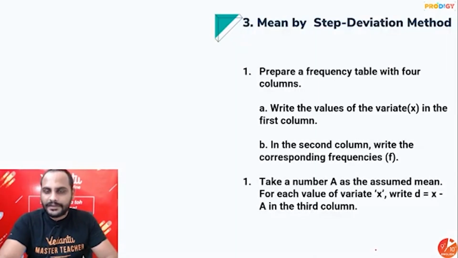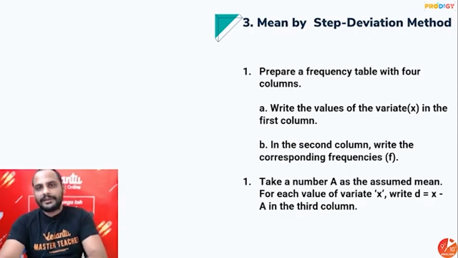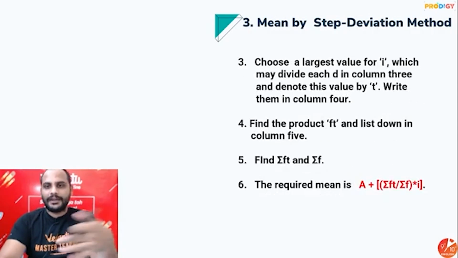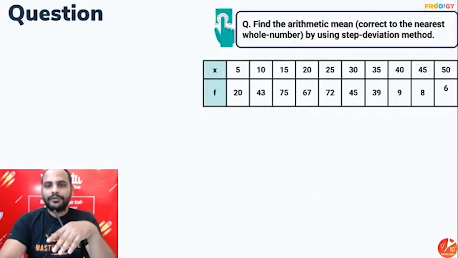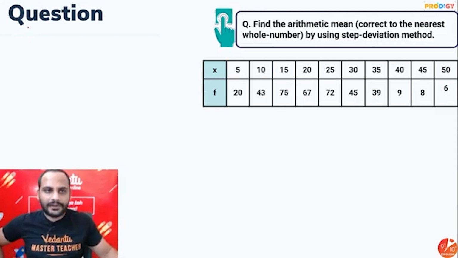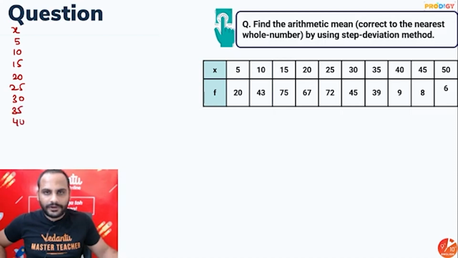Okay? Now the next method is the step deviation method. Step deviation method is one step forward, in which the calculation will be reduced further. How do we get it? Let us understand it with the help of a question. X and f values are given. Your values of x are 5, 10, 15, 20, 25, 30, 35, 40, 45 and 50.